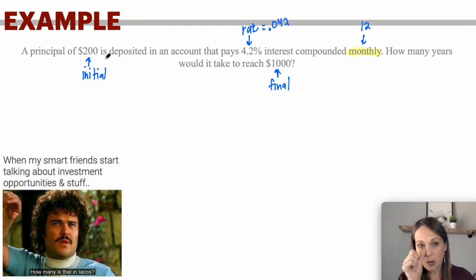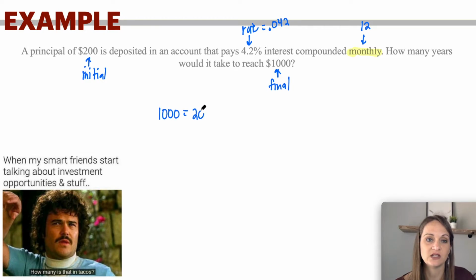We have $200. We want to know how long it is going to take to reach $1,000. So we know the final amount, we know the initial, and it's going to be 1 plus the rate divided by the compounded, which is 12, and then that's going to be raised to the 12t. Again, the number of months compounded times the time, but we don't know time.